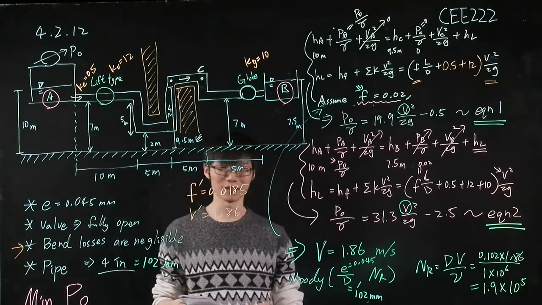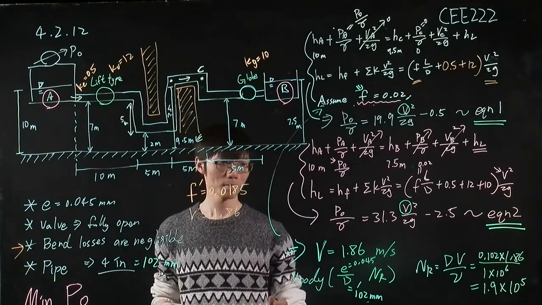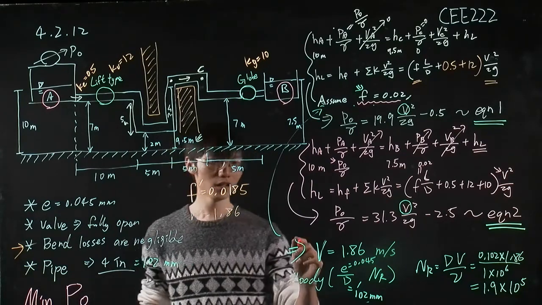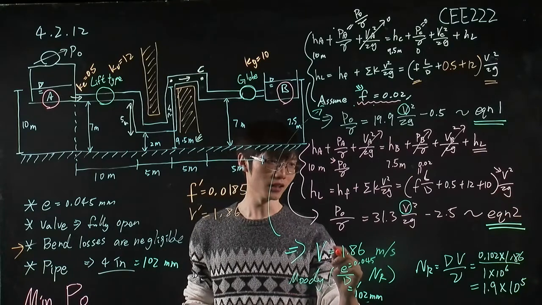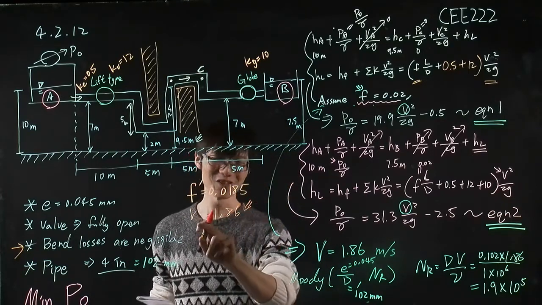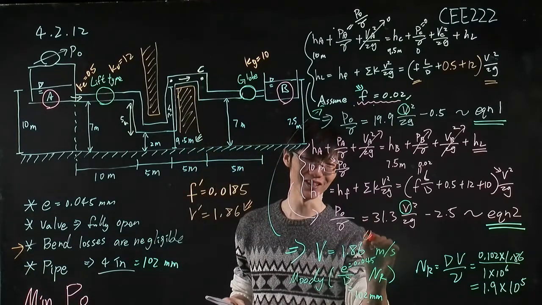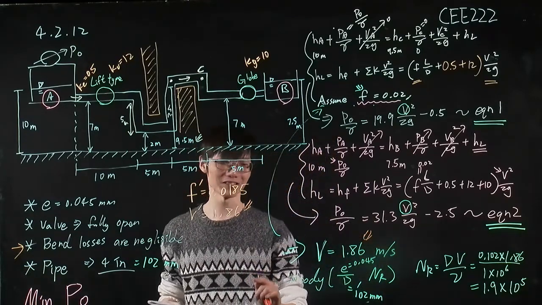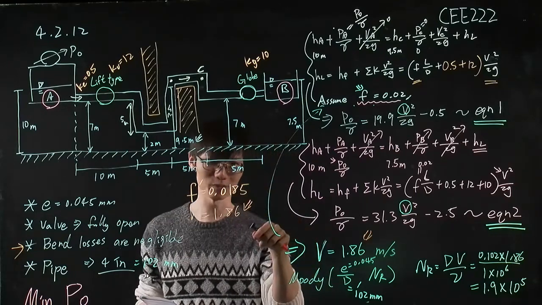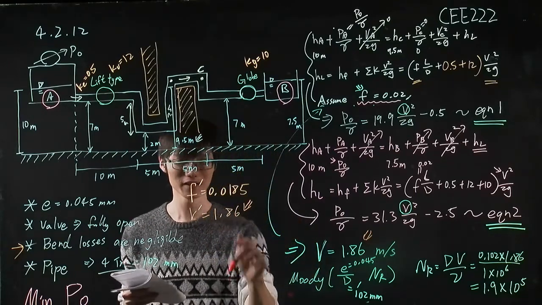That's a little bit weird. I don't know why this new velocity is equal to the old velocity, but I will check it out and put the correction in the comment area. So go to the comments to see the correction. Okay, so let's continue.